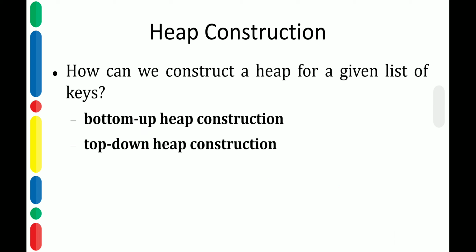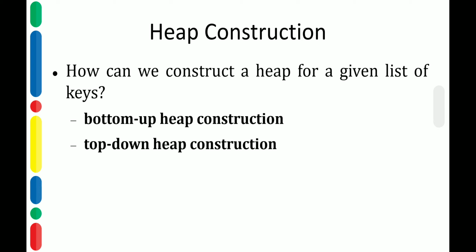Now that we understood the definition of a heap, given a set of elements, how are you going to construct a heap? For this there are two strategies. One is the bottom up heap construction, another one is the top down heap construction. In the bottom up heap construction, we fill the array with all the n elements and then readjust such that it becomes a heap.